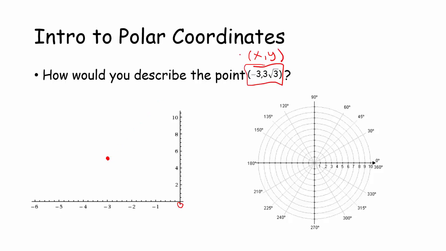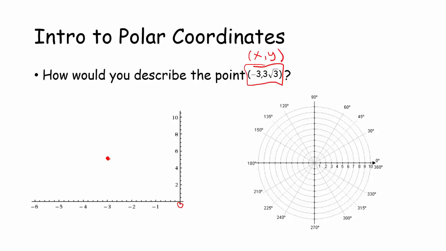So we can think of this system of giving an x value and a y value as a way to describe where a point is in the coordinate plane relative to whatever we're calling the origin, wherever we have fixed our origin. But there are other ways that we could describe where that point is in space.